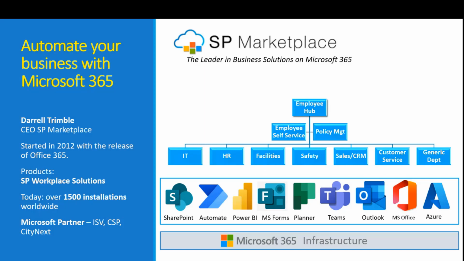Over the last 10 years, we have over 1,500 installations of these products worldwide. We're a very close Microsoft partner, so we have a lot of experience across different areas, especially in the facilities area, which is one of our most popular products, the work order and asset management product.